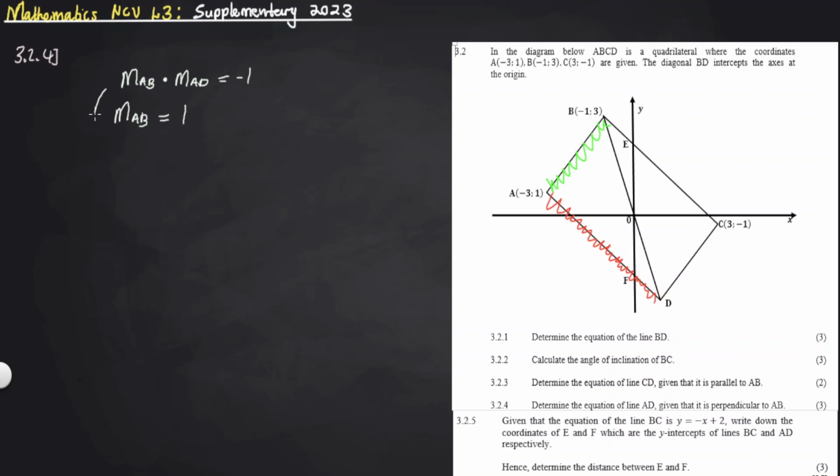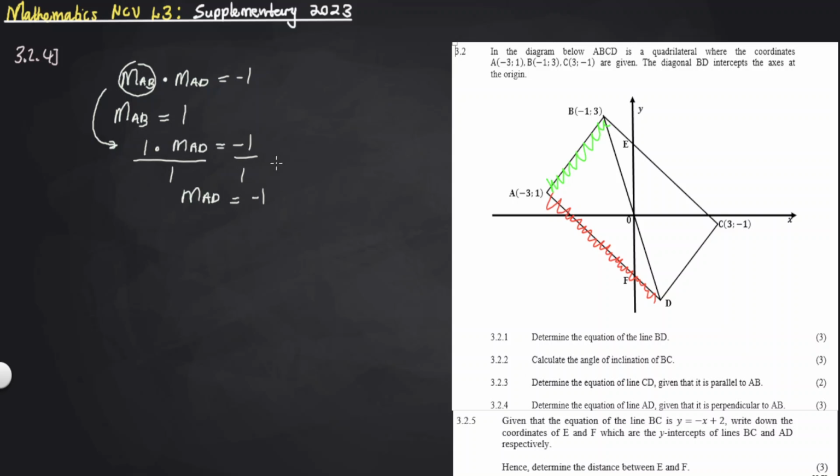Substituting gradient AB as 1, and dividing by 1 on both sides, we can see that gradient AD is equal to minus 1.